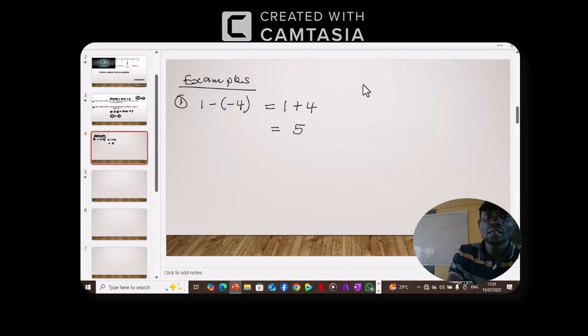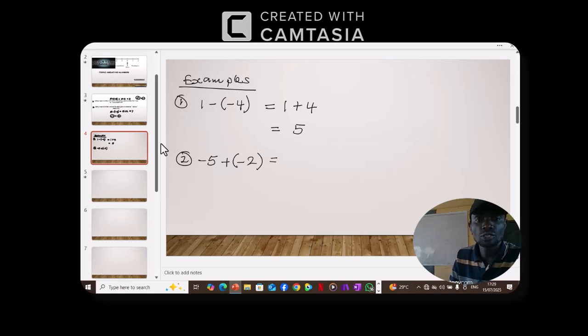Now another example, number 2, is minus 5 plus minus 2.